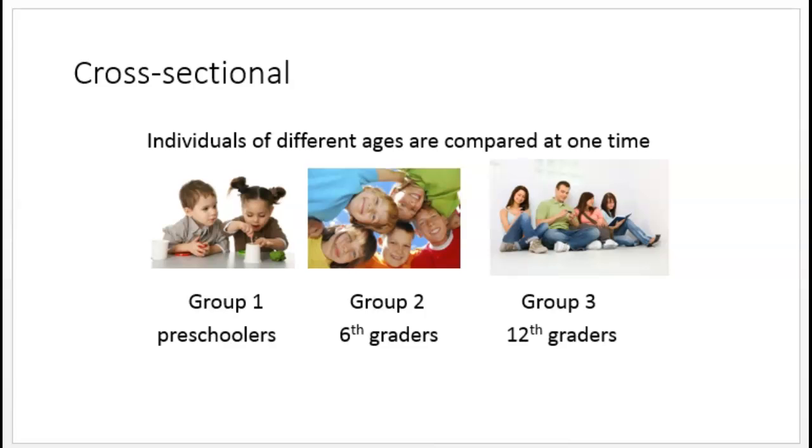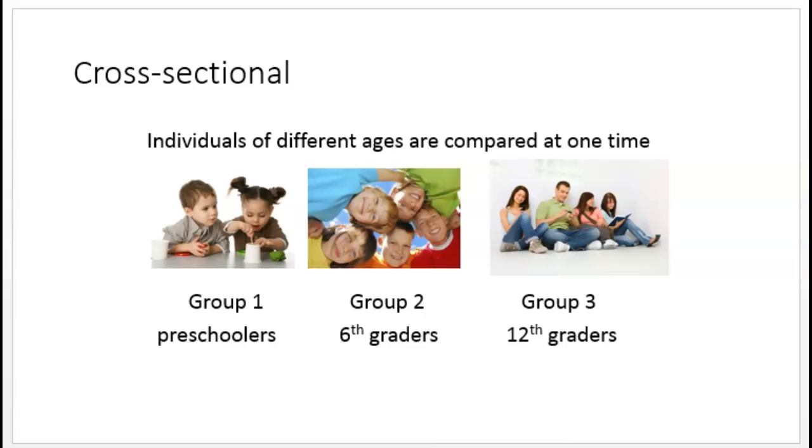One benefit to this is that it is the fastest way to conduct developmental research, because you don't have to wait around for the preschoolers to be 12th graders. You can just do this all at one time. The downside to it is that you don't really have a guarantee of whether or not these are actual developmental changes that you're seeing, as opposed to differences in experiences.